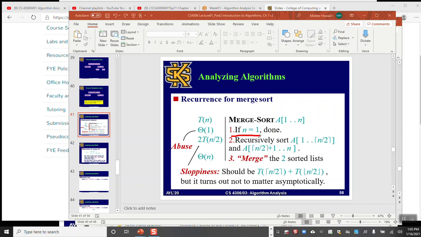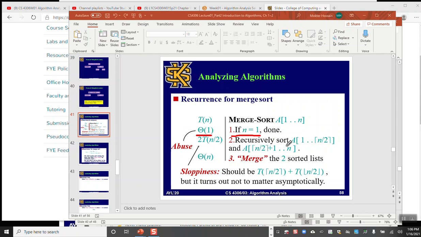But if the instruction is a single, simple instruction, then we consider that it takes constant time. So we say theta 1 is the constant time. We don't know yet how long; maybe a few milliseconds, 1 microsecond, 1 nanosecond, whatever it is. But it is a constant term.